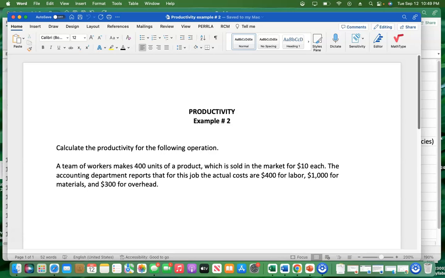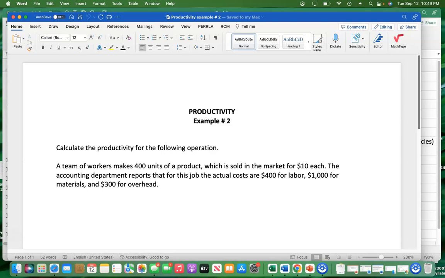So we have a team of workers who make 400 units of a product. And these products are sold in the market for $10 each. The accounting department reports that for this job, the actual costs are 400 cost of labor, 1,000 cost of materials, and 300 overhead cost.